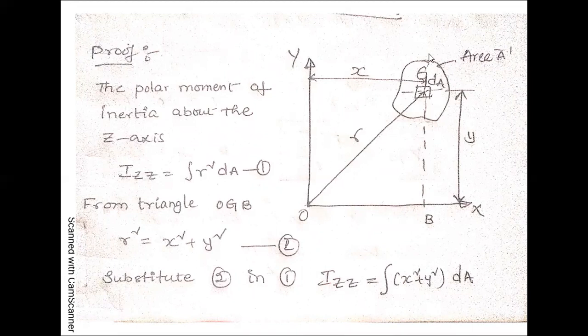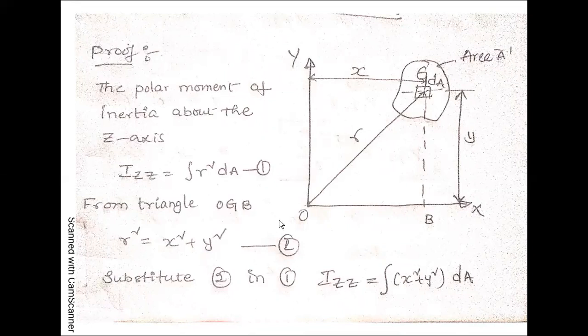Now from this we can write the moment of inertia about this z-axis, that is the polar moment of inertia, Izz, is equal to the integral of distance square into area, that is integral r square dA. This is the polar moment of inertia.